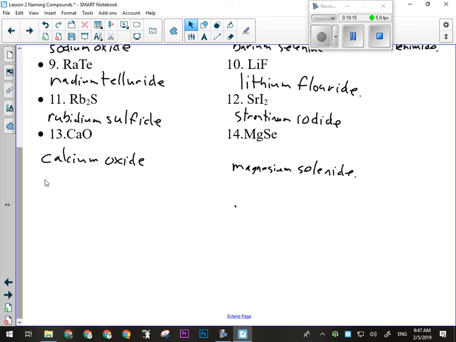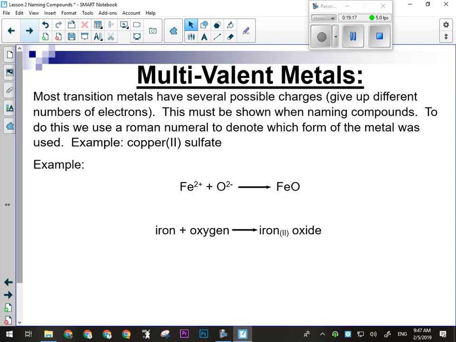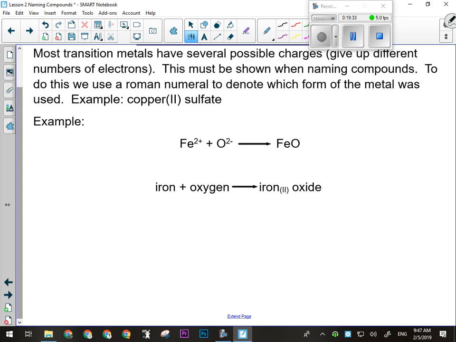Okay, so here's the situation we're dealing with. Any metal that has more than one charge is referred to as a multivalent metal. That is, it has different numbers of electrons in its outer shell. So the problem we can run into is this. If iron reacts with oxygen, it can form this compound, or it can form this compound.